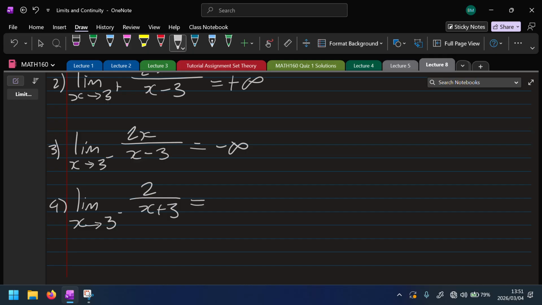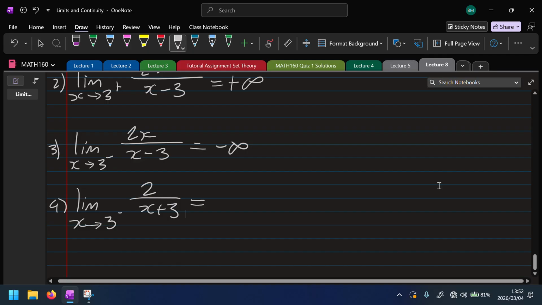What are we approaching? We're approaching 6. So what does the bottom become? We had 5, 5.5, 5.75. What are we getting closer to? 6. So in the limit, the bottom becomes 6.